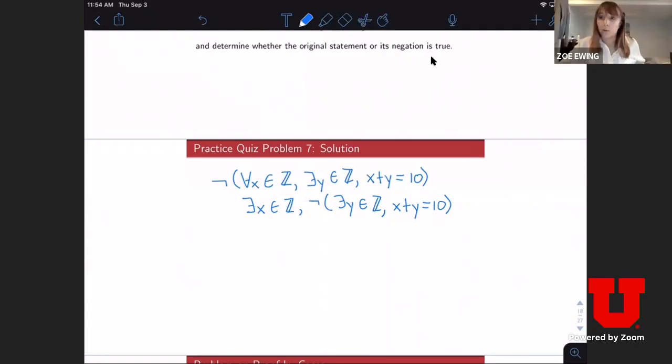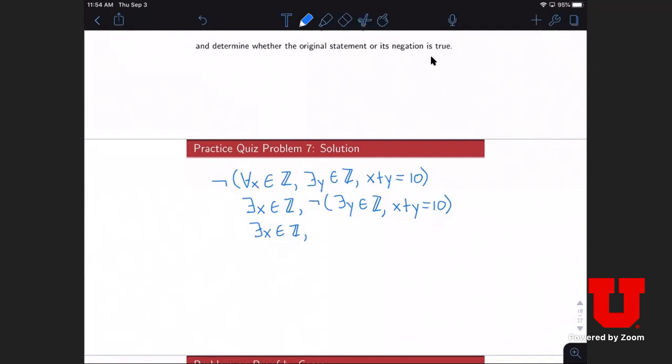All right, I'm going to pull you back. Does anyone want to volunteer to say the next term? So we'll rewrite this one again. There exists an x in the set of integers. Who wants to negate the next portion? That would turn into for all y in the set of integers.